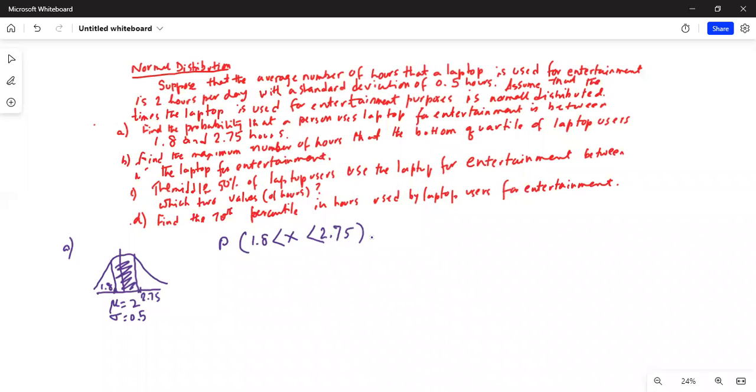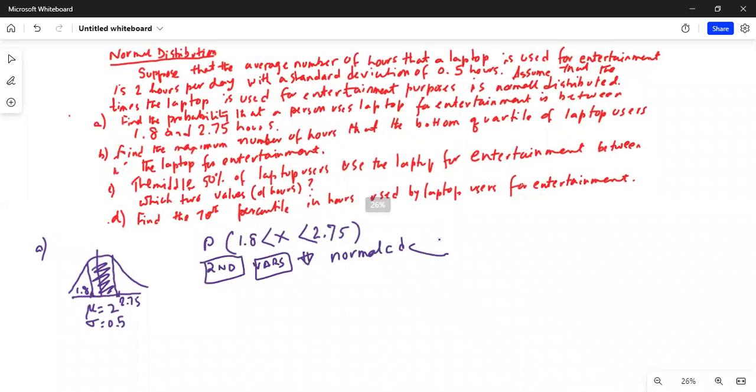So because this is a bell-shaped curve, we will use the keys in TI-84. So the first key we will press is the second key, then the vars key, then we scroll down with the down arrow key to normal CDF and enter.